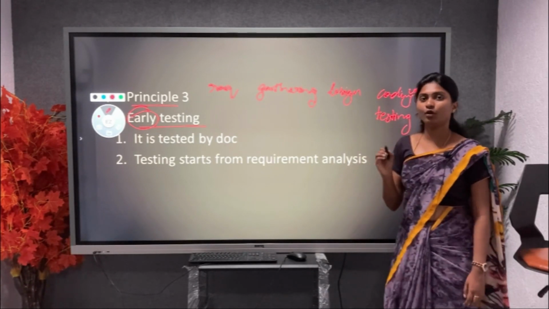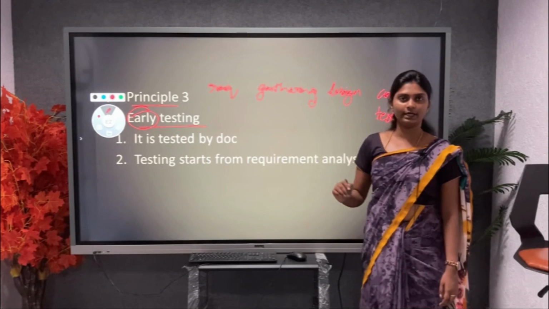Okay, these are the 4 phases which are involved in early testing.